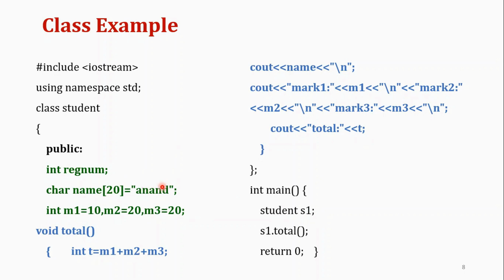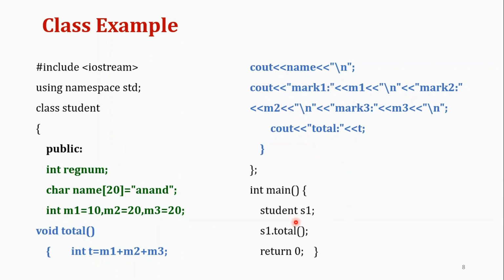So for defining a class: the class keyword, class name, curly open and close brackets with a semicolon. Inside the class, this is the access mode. Let me discuss it after this topic; in the next topic we'll discuss access specifiers in a class. Inside the class, I'm having member data and the function bundled together.